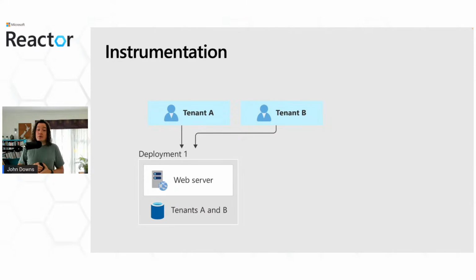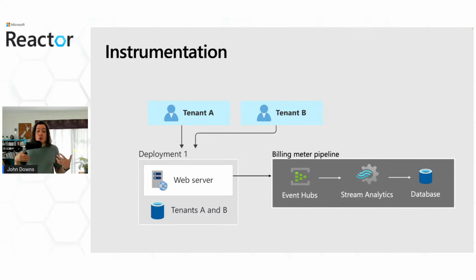And you can do that in a lot of different ways. So one approach that can work well for a very high volume application is to use a system like Event Hubs to track every incoming request as an event, and then to use Stream Analytics or another service like it to aggregate all those events and write out the total number of requests per tenant to a database. But it's important that you use a system that's actually designed for this kind of data.